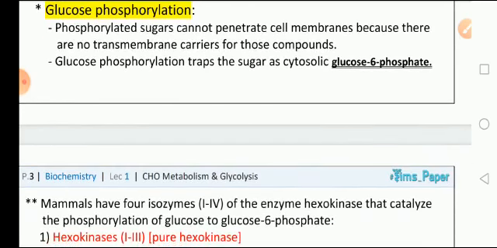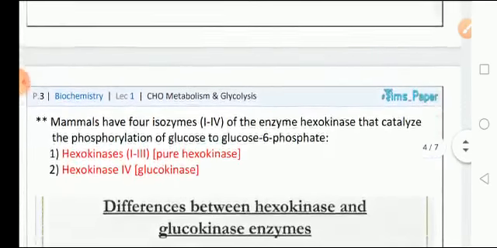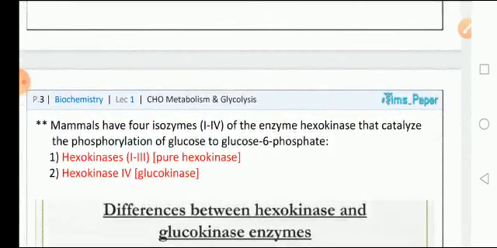As we mentioned before, these reactions require an enzyme. For glucose to become glucose 6-phosphate, we need an enzyme. And here are our enzymes: hexokinase or glucokinase. But what is the difference? Mammals have 4 isozymes of the enzyme hexokinase, 1 to 4.